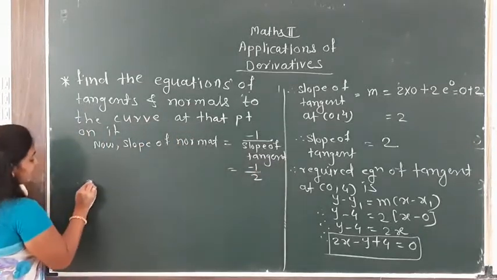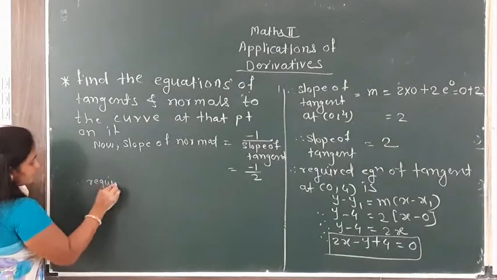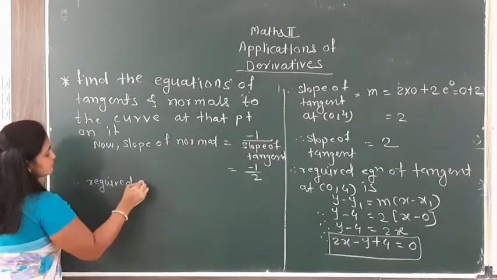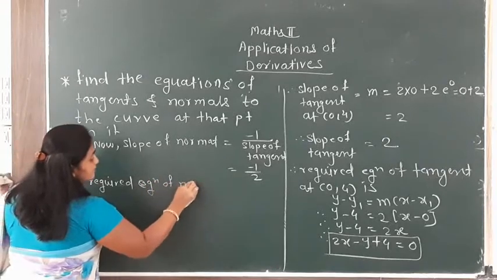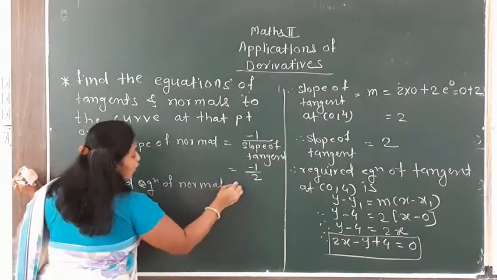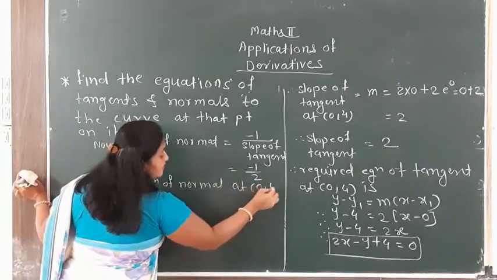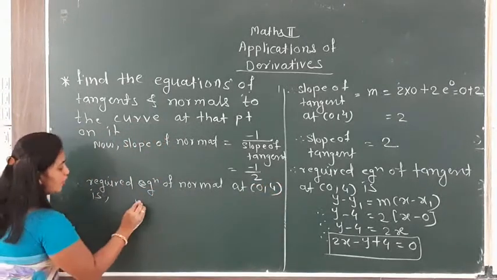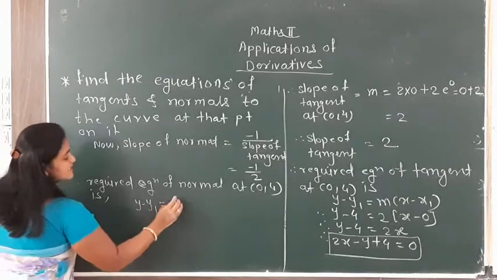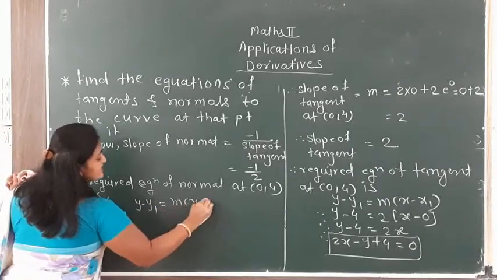Now the required equation of the normal at point 0, 4: again we use the same formula, y minus y1 is equal to m times x minus x1.